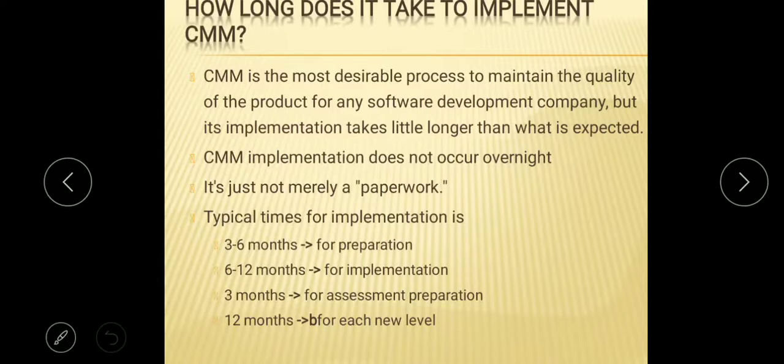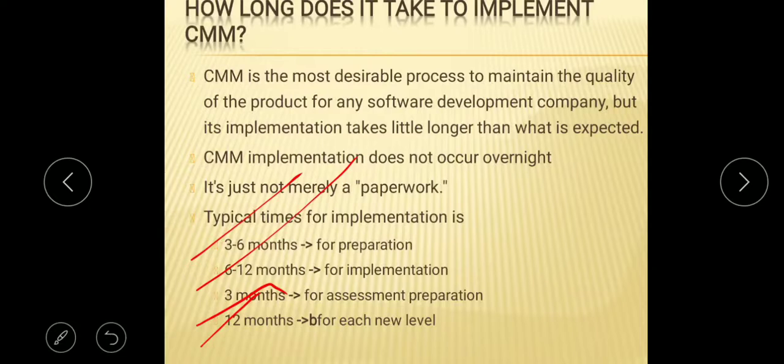It's just not merely paperwork. Typical times for implementation is 3 to 6 months for preparation, 6 to 12 months for implementation, 3 months for assessment preparation, and 12 months before each new level. Okay, so 12 months is there for each new level.